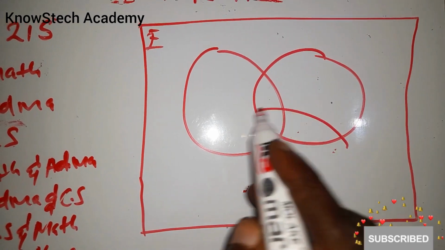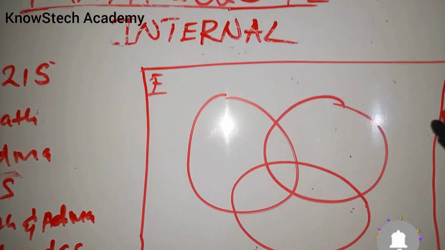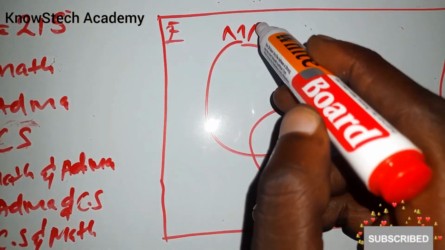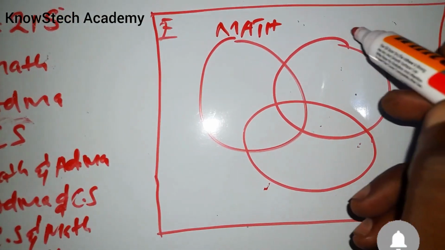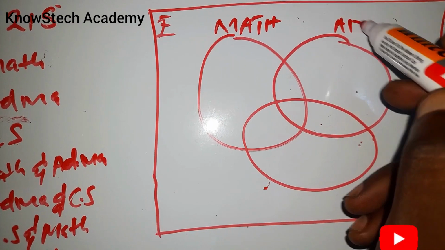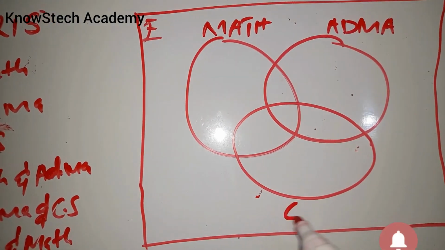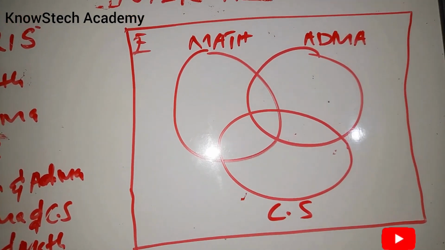This is made up of 3 sets, by the way. So the first one is just math. Second one, ADMATH, additional mathematics. Then you have CS, computer science.